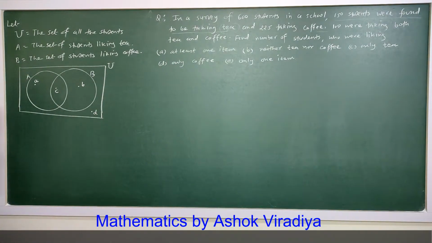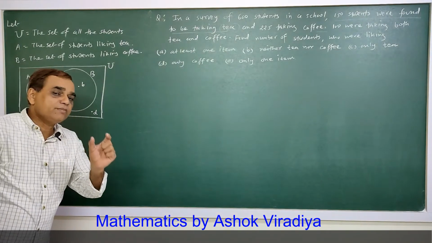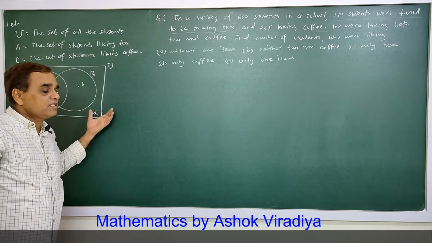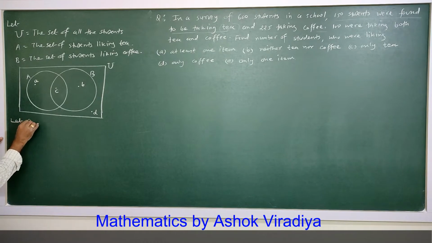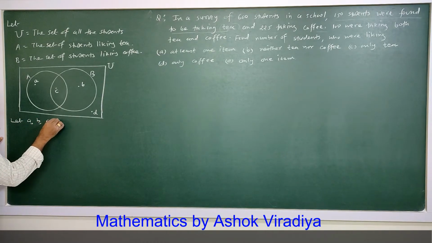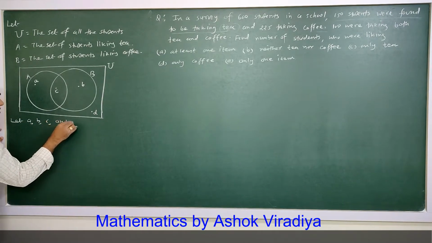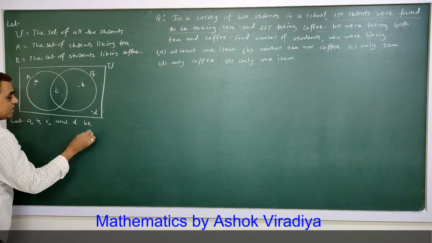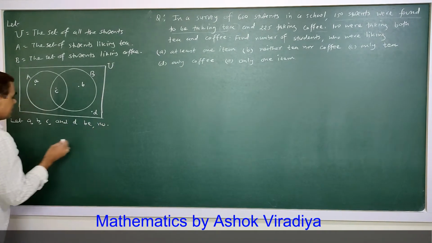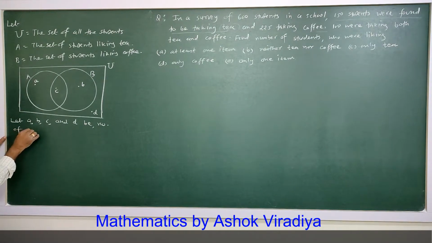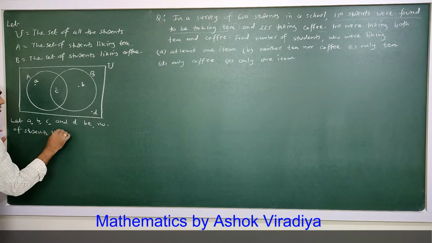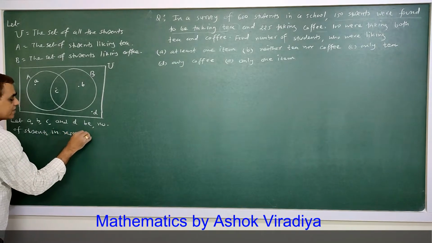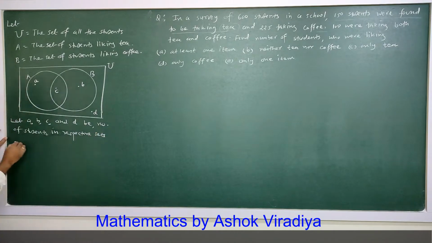We take these symbols to represent the number of elements in the respective sets, as shown in the diagram.